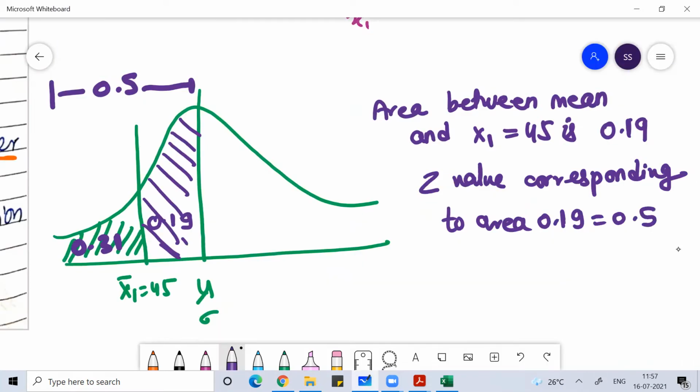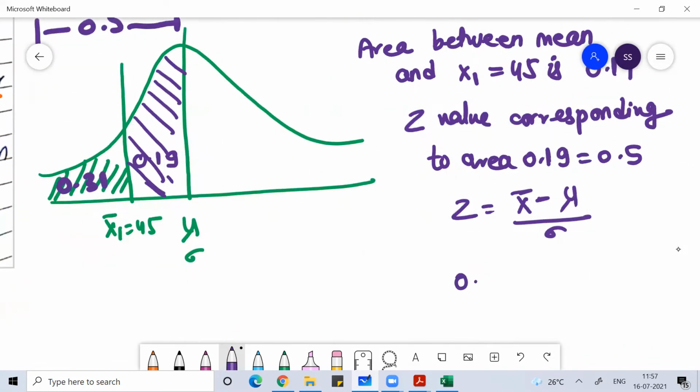Then you can write the z formula I did yesterday: x bar minus mu by sigma. So your z is 0.5. x bar is less than mu, so actually the formula is mu minus x bar. So mu minus 45 by sigma, and sigma is what we don't know.